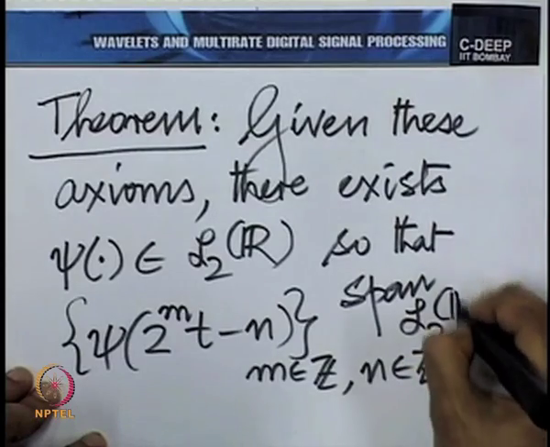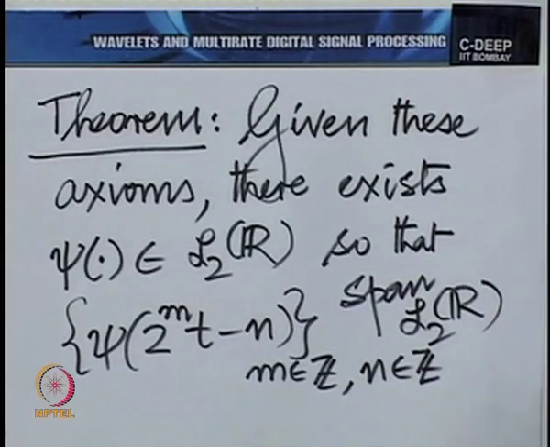This is a very, very significant idea. In other words, this is exactly what we said yesterday. Take dyadic dilates and translates of the function psi, and you can cover all functions or can go arbitrarily close to any function in L2(R) as you desire.